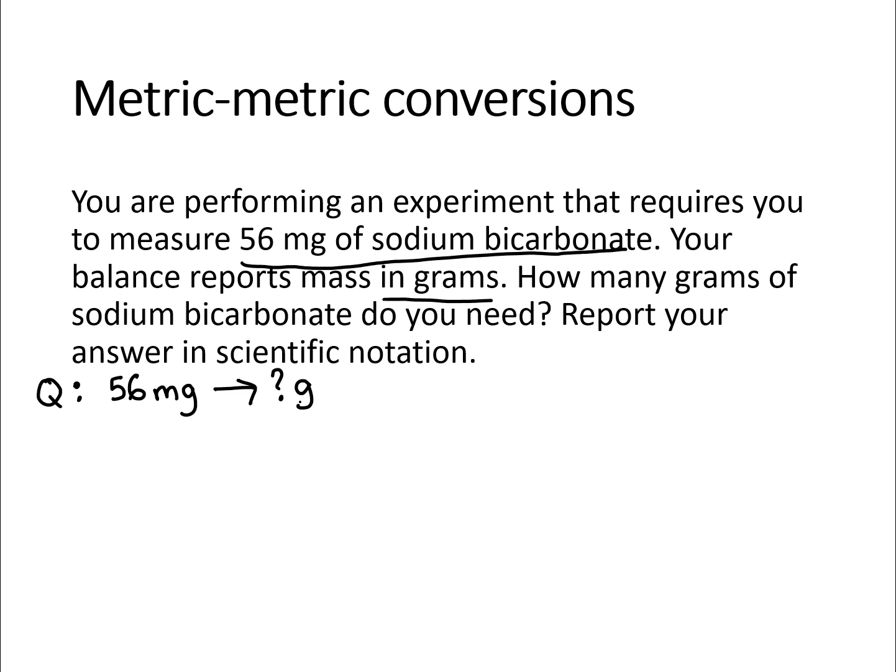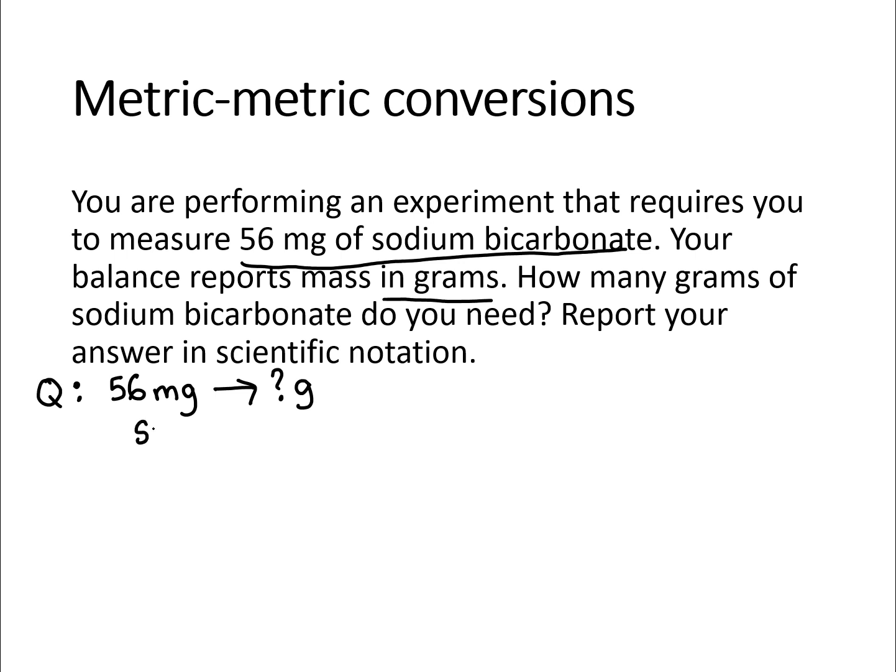That means we need to write out a unit equation and some unit factors to figure out how to get from milligrams to grams. So, milligram, is it bigger than a gram or smaller than a gram? Right, it's smaller.